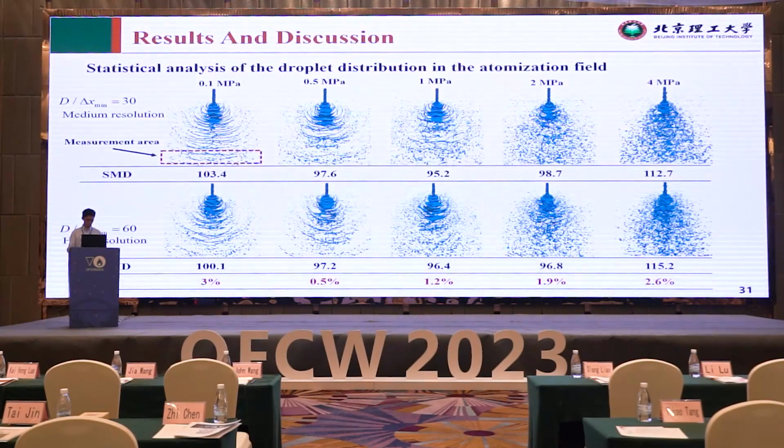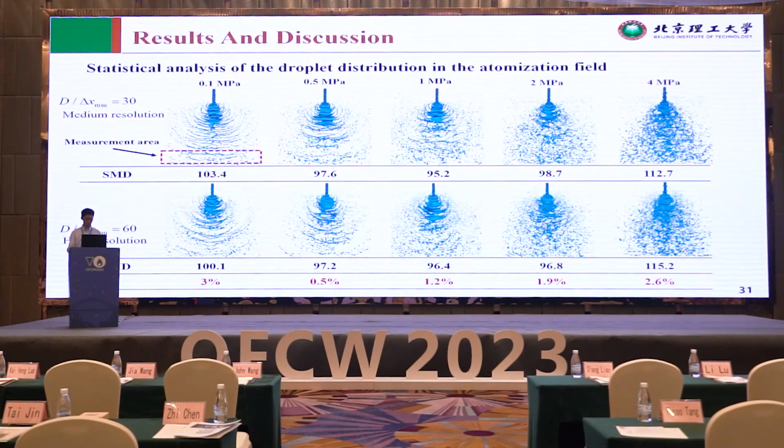As we see from the grid resolution of 30, the SMD value decreases from 103.4 until 95.2, and then it increases up to 112.7 as the back pressure increases. We can also look at the grid resolution of 60, where it decreases from 100.1 until 96.4, then gradually increases until 115.2.